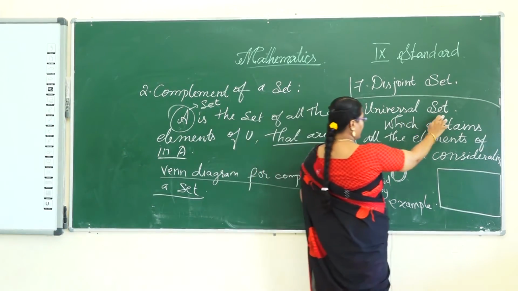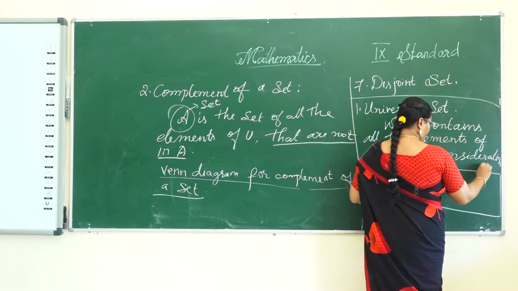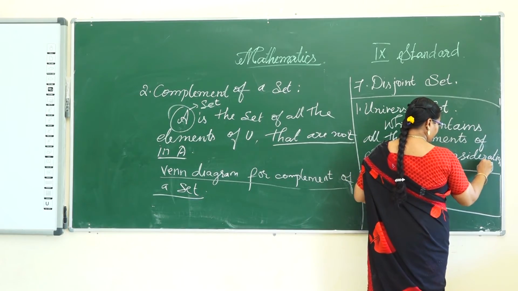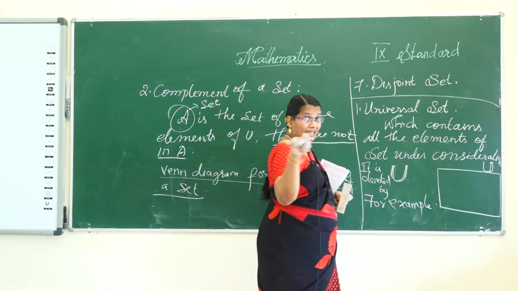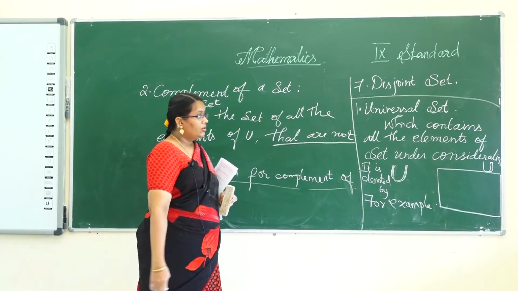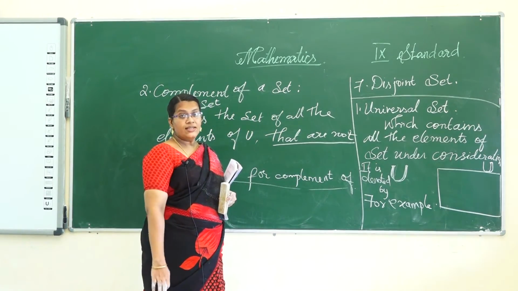Draw the rectangular shape, which is considered to be the universal set.